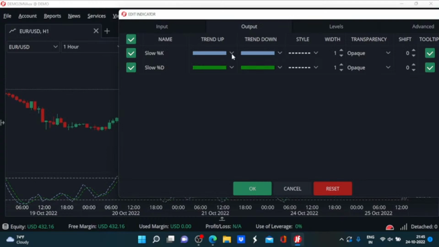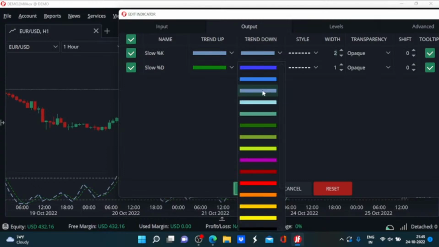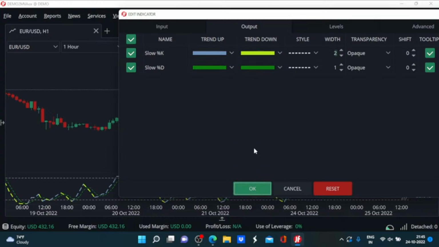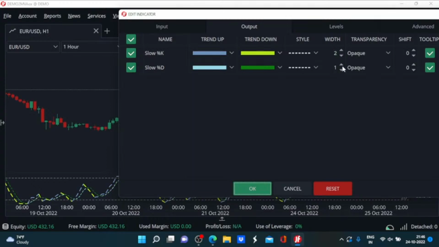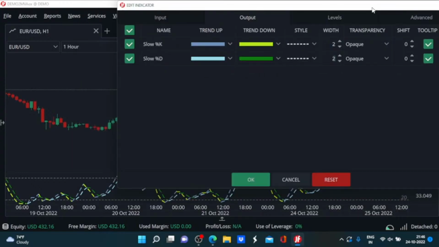Then if you are happy with this color combination, you can go with that, or if you simply want to get the idea of whenever the trend change is happening, you can use two different types of color combinations, and with that you can easily read into the data.